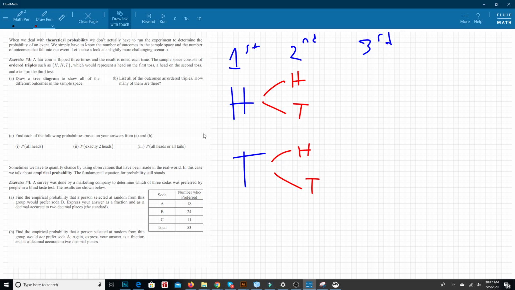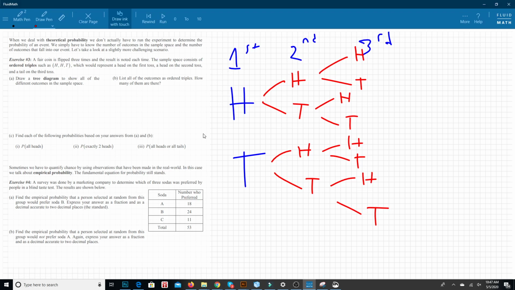In the third attempt, again, we can have heads and tails. Okay, so that's what we can get with every single one of our attempts.